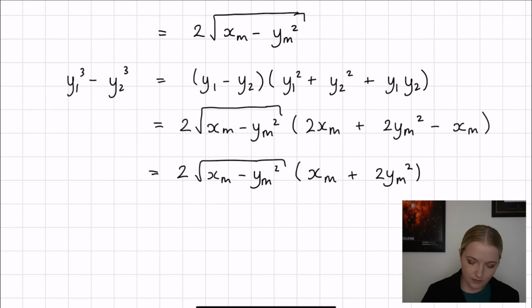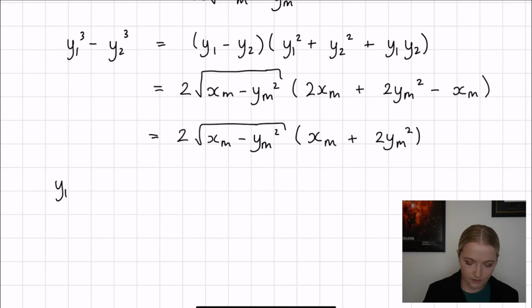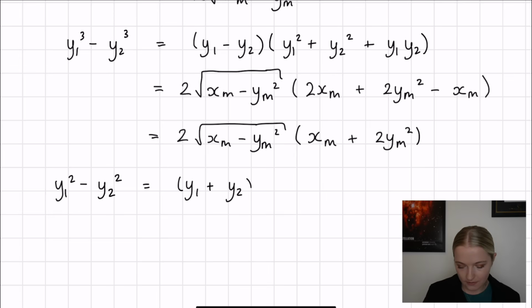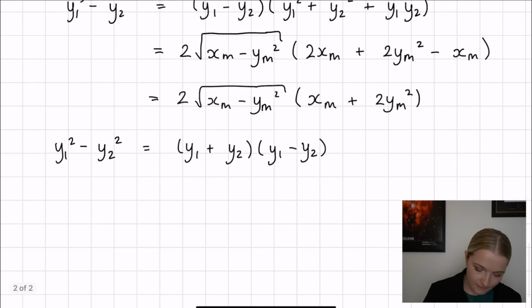All that's left is to do the y1 squared minus y2 squared in here. Well, this is none other than this lovely expression here. And we know what this is. Well, y1 plus y2, that's just 2ym, and y1 minus y2, we've just calculated that.